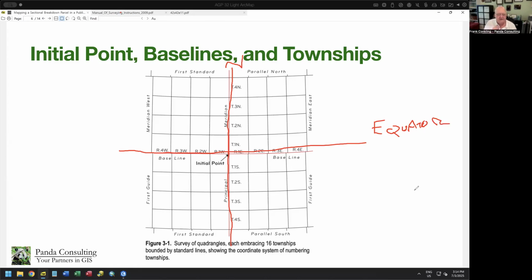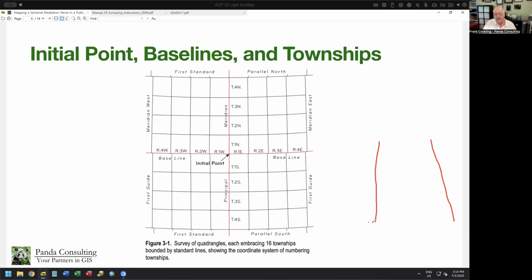So if you think about how this entire thing works out, many people think of these sections, these smaller portions inside of the PLSS, as being squares, but they are not squares. Instead, they are bounded by lines running due north and lines parallel to the equator, so there's some trapezoidal component to it.